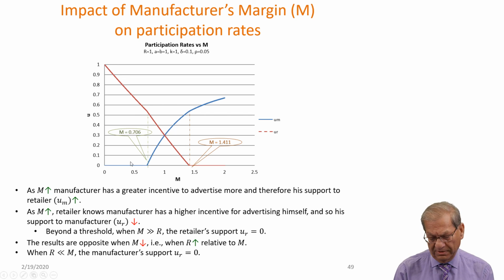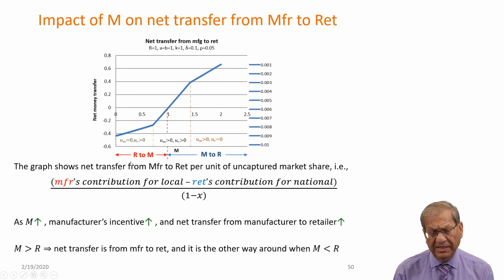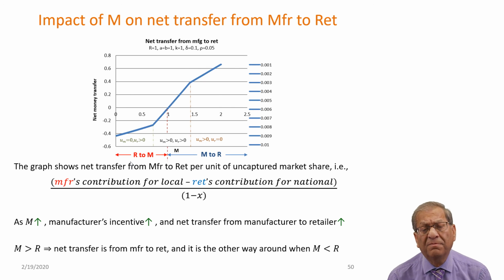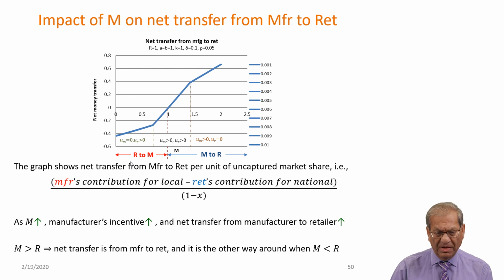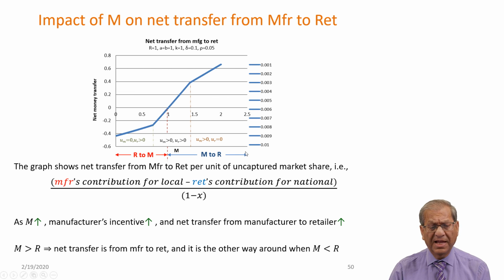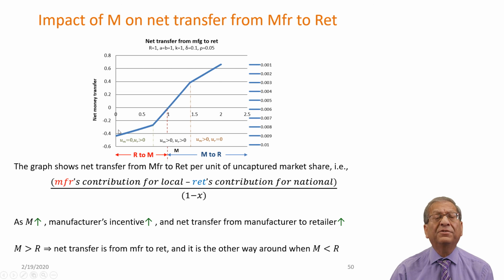And so the next thing we're going to see is the net transfer of money from the manufacturer to the retailer. We can see here that as margin increases, at the low value of margin, this graph is in a negative territory.